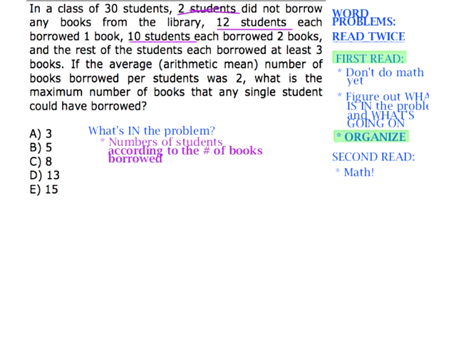That's important because if you have numbers of students, you have to know what the numbers are. Well, total number of books has to be 60, though. That's not really a quantity that is manipulated. When I say what's in the problem, right now we're not talking about restrictions yet or conditions that have to be satisfied. We're just talking about things that interact with other things mathematically.